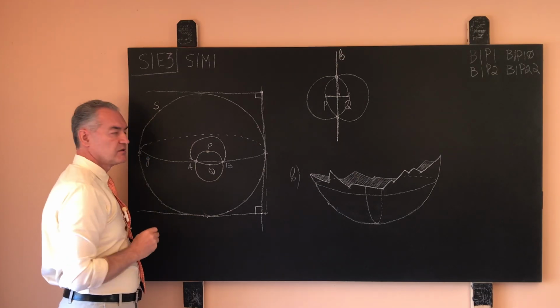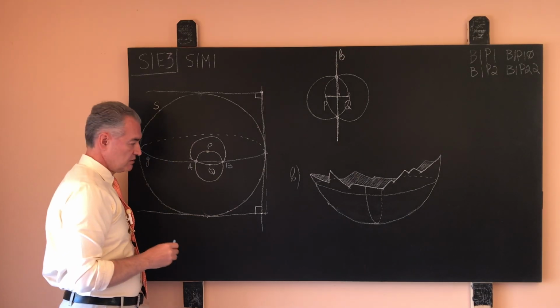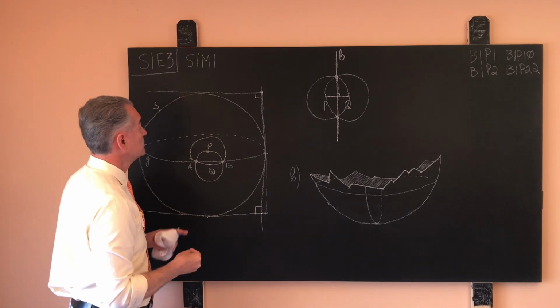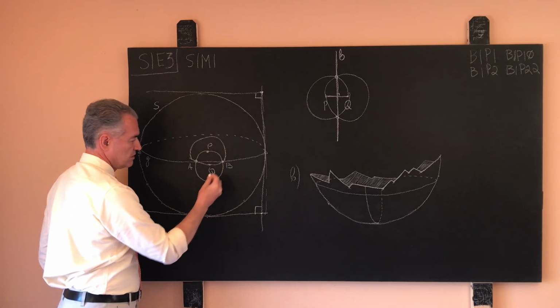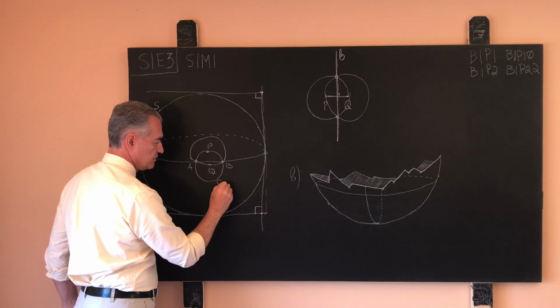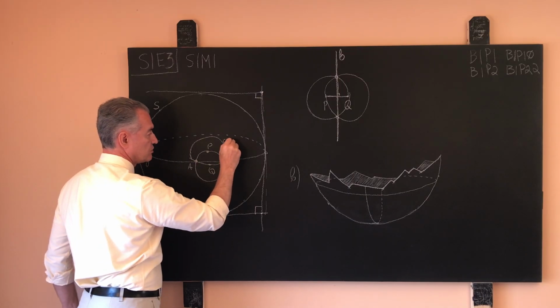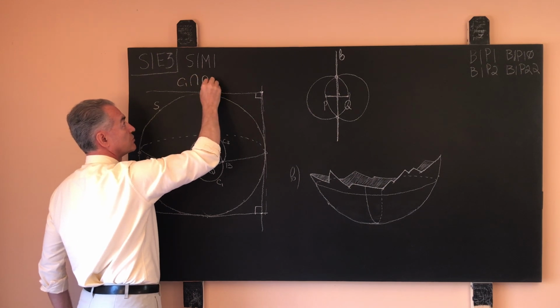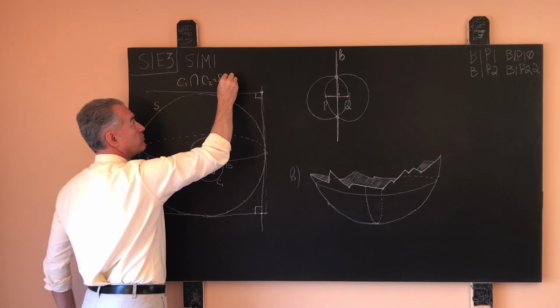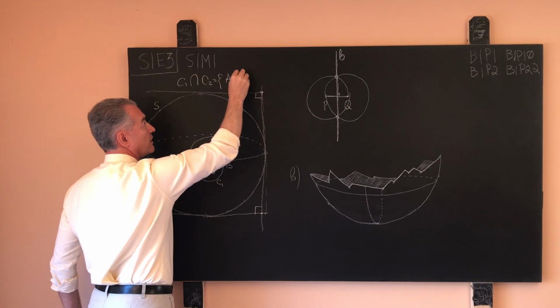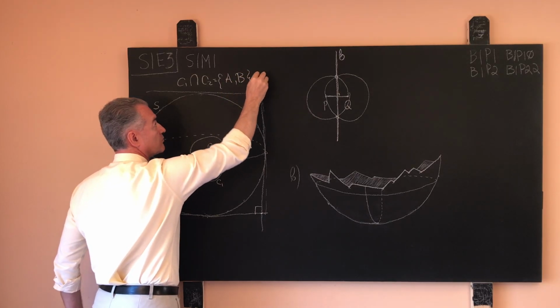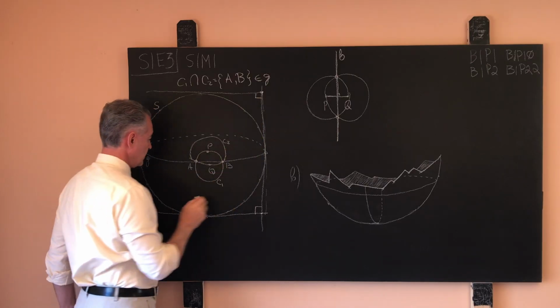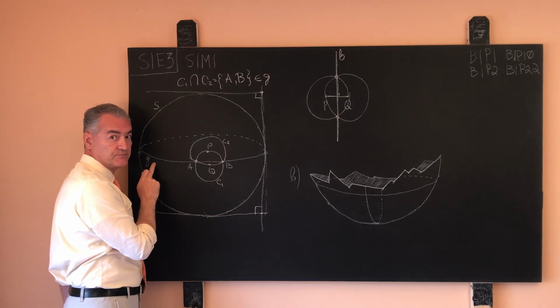Let's name this guy G. And just to make sure that you guys remember what's going on, let us name this circle C1. Let us name this circle C2. And we can say that the circle C1 intersects circle C2 at the points A and B. And both of these points belong to one and the same great circle G.